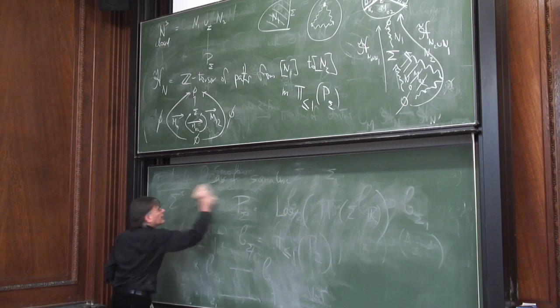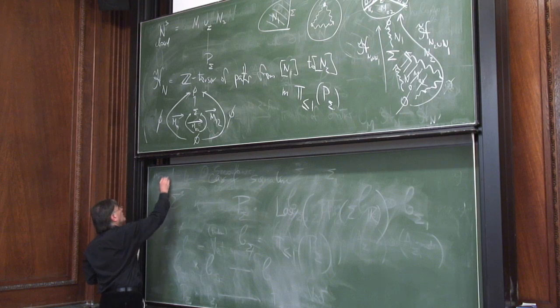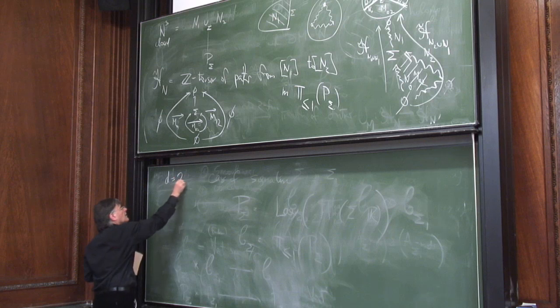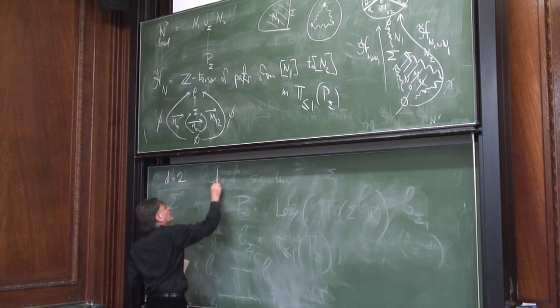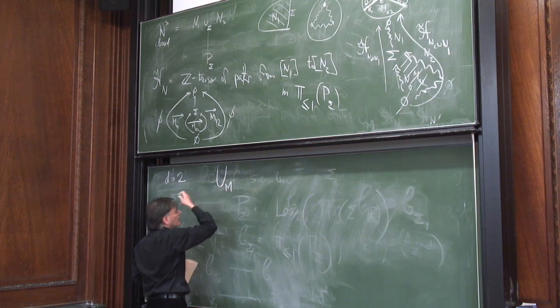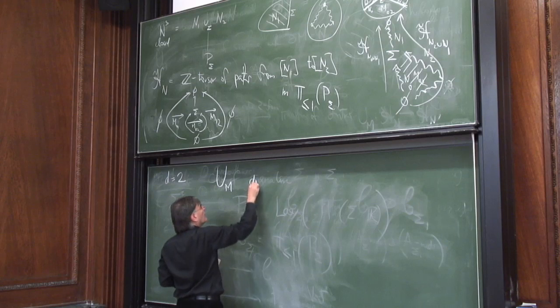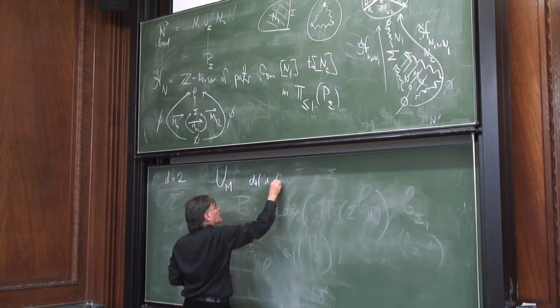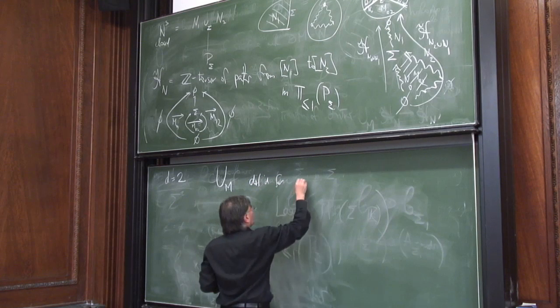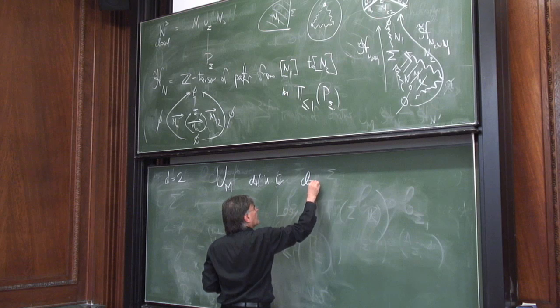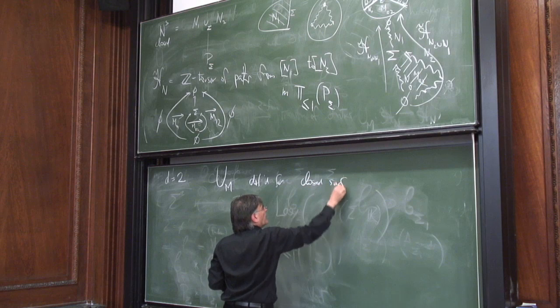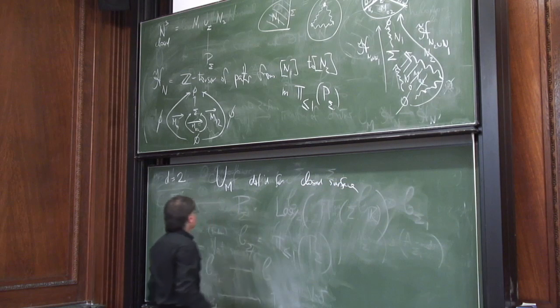So we'll now go back to the case p equals 2. And we have this invariant defined for a closed surface, probably with Riemannian structure and so on.